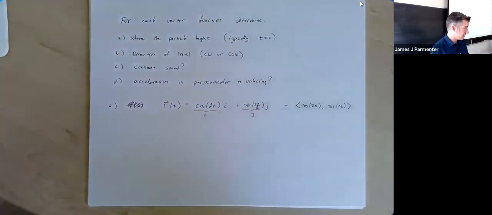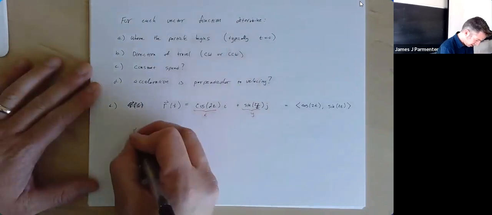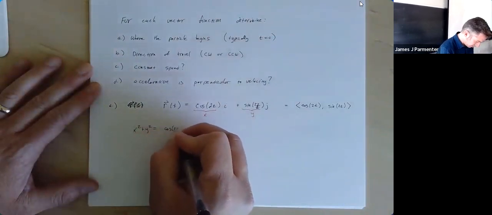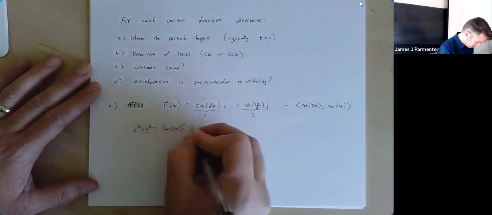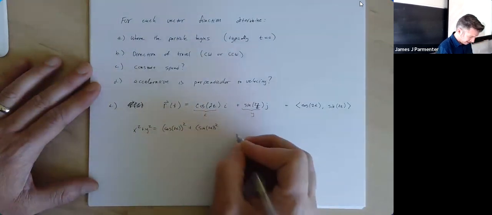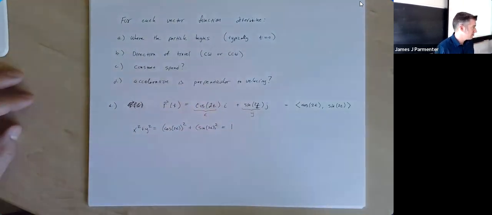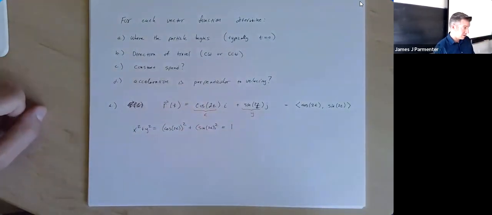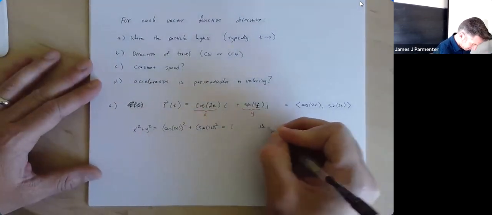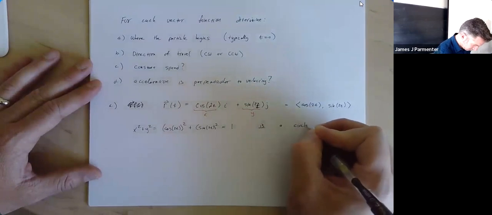If we square those and add them together, x squared plus y squared is equal to cosine of 2t squared plus sine of 2t squared, and that's equal to 1. Trig identity. And if your equation is x squared plus y squared equals 1, that is definitely a circle of radius 1.